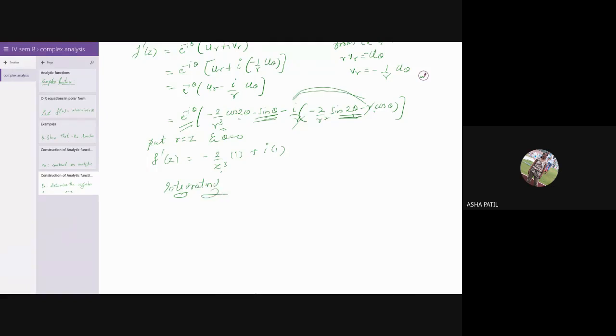Integrating, f of z is equal to minus 2 integration of z raised to minus 3, so that we can integrate conveniently, plus i dz. Instead of 1 by z cube, let us write it as z raised to minus 3. What's the integration of z raised to minus 3?